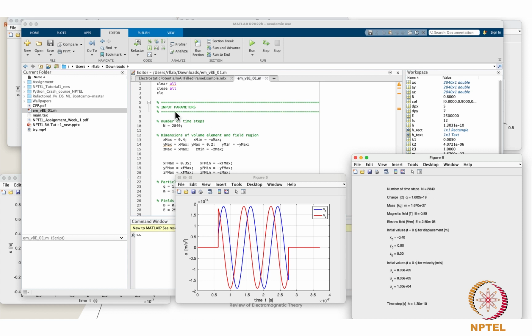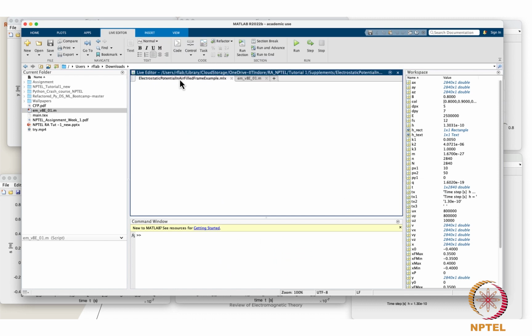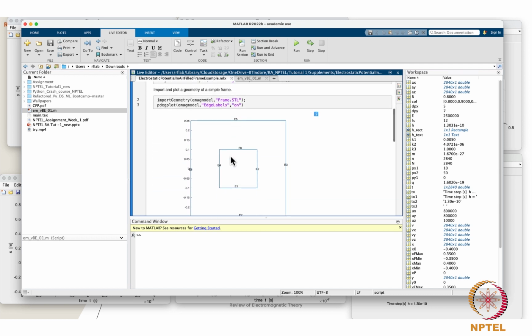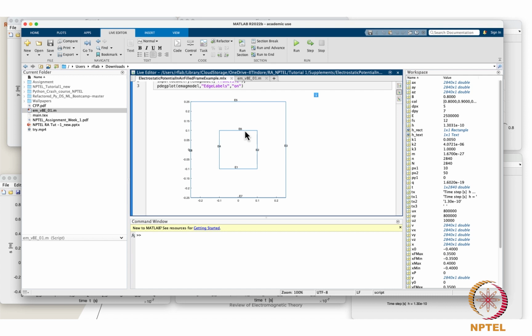And the other example is by MATLAB itself, which shows a kind of boundary problem. Wherein you will find a rectangular box inside a bigger rectangular box, and the inside rectangular box will have a higher voltage than the outside one.